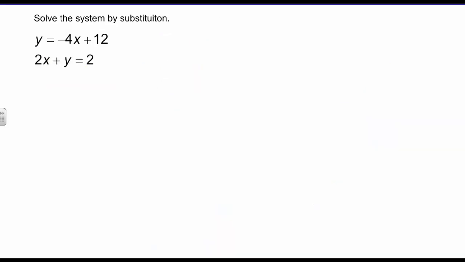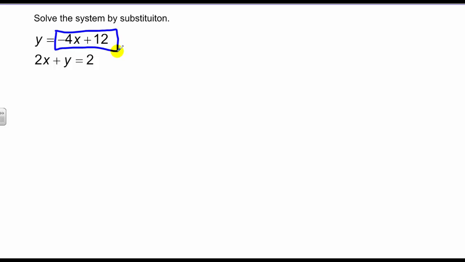So in this next problem, we see that we have a value of y in our first equation, which is negative 4x plus 12. In the second equation, we don't know what either variable is necessarily equal to, although we could get y by itself and then state that. There's no need to, because we already have a given value of y.